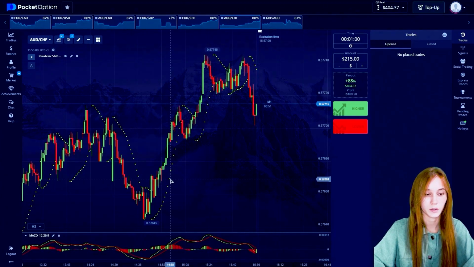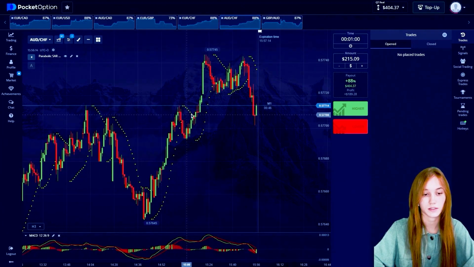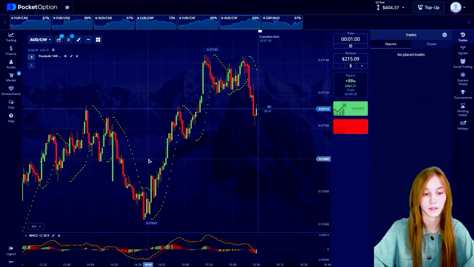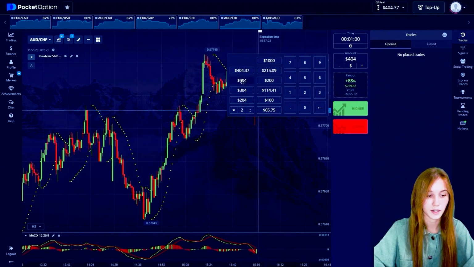So our balance is $44.37. It's necessary for the moment to increase it. And we move on to the next concept.